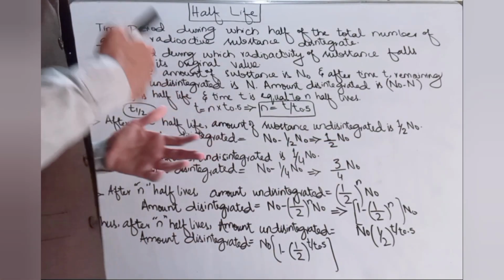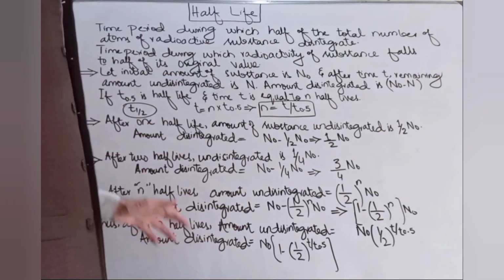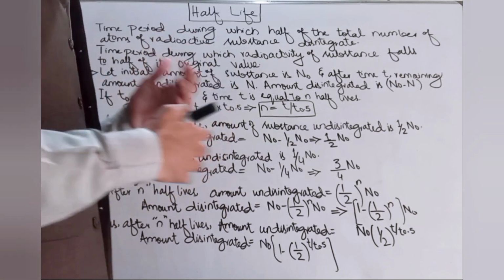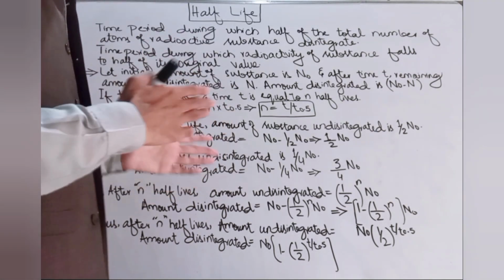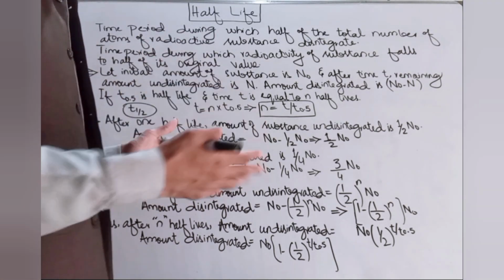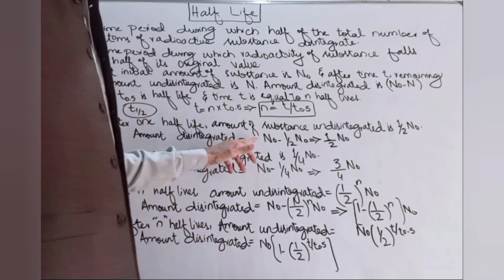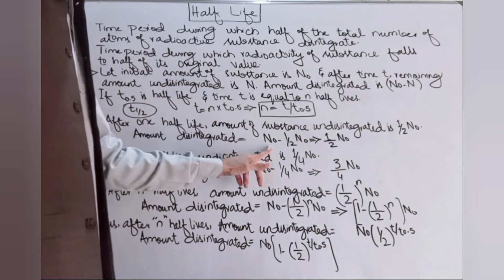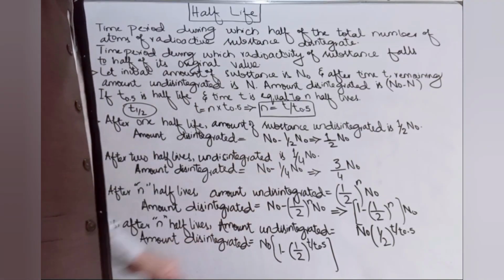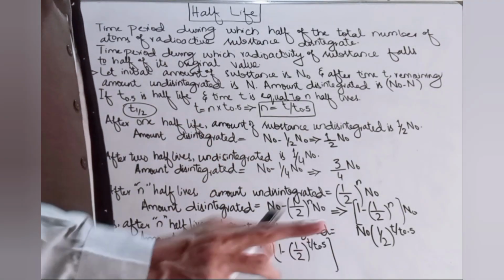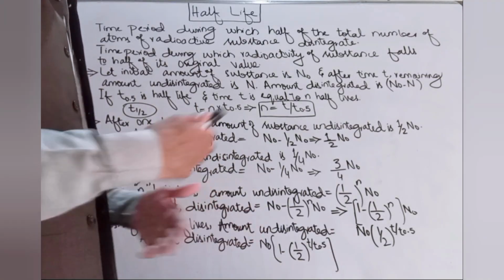The process of disintegration goes on, a large number of successive half-lives pass, and again the number of atoms is halving. After two half-lives, the undisintegrated amount is 1/4 N0, which is 1/2 into 1/2 N0.